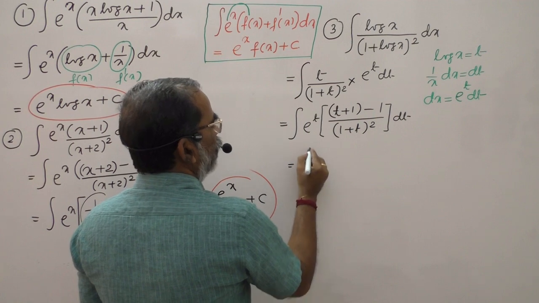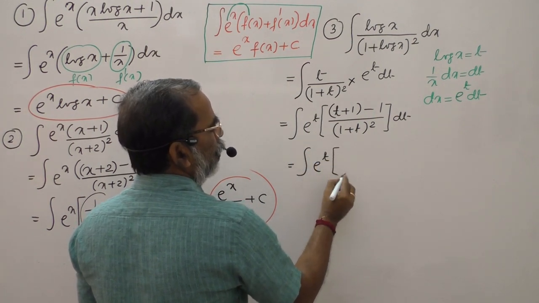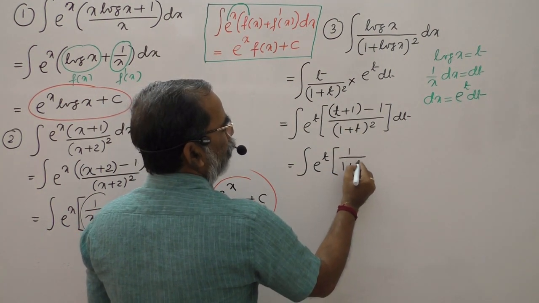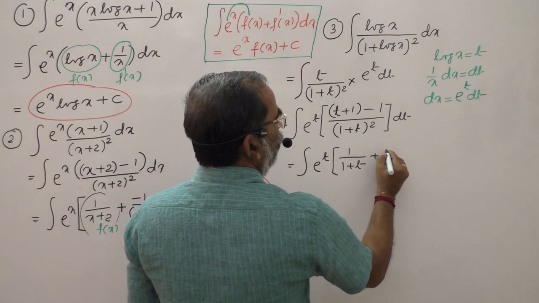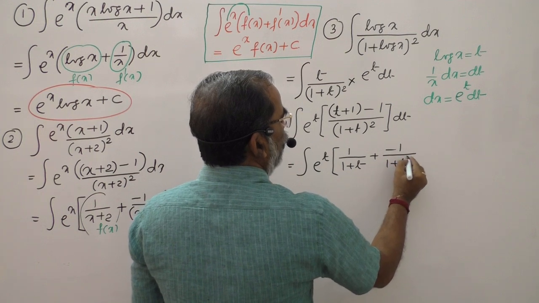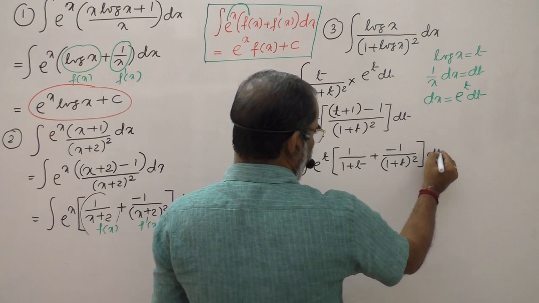Yes, therefore this can be integral e power t into, dividing separately, first one will be 1 by t plus 1 or 1 plus t. And second one is what? Minus 1 by 1 plus t whole square into dt.